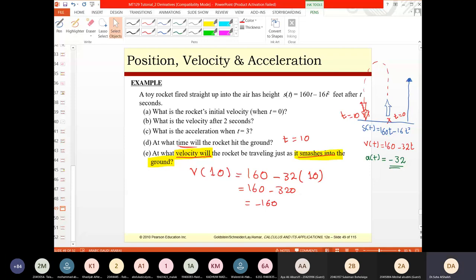Give me just 1 second here. Does anybody have any question regarding slide 48, this one?